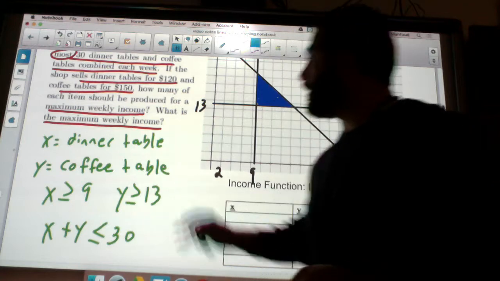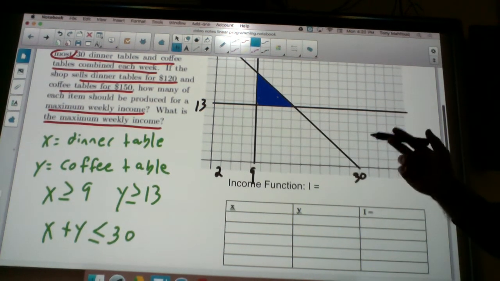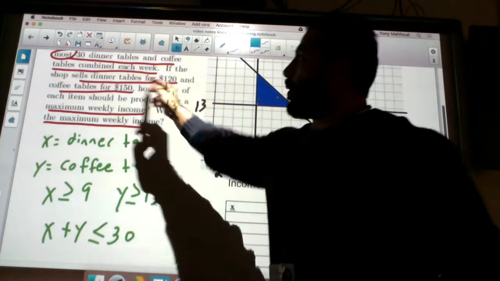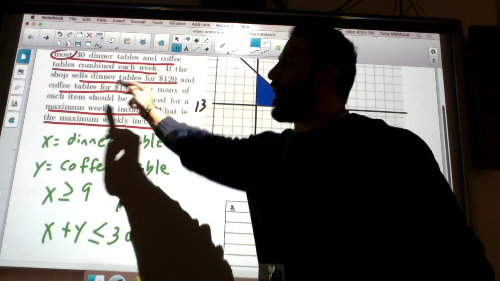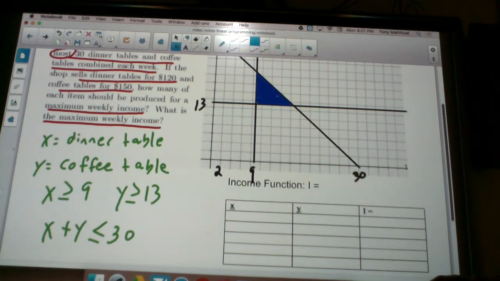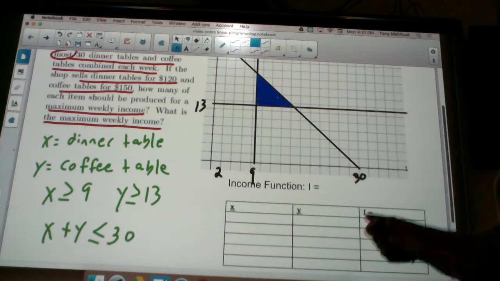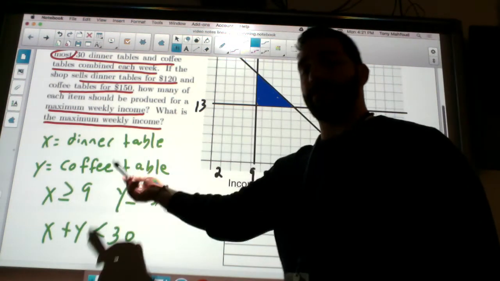Got a typo here. So if we go back to our problem, we take a look at here, we see that the shop sells dinner tables for $120 and they sell coffee tables for $150. So I know if I sell a dinner table, I'm going to make $120 off of it. If I sell a coffee table, I'm going to make $150. But remember, our unknowns, we don't know how many of each we have.